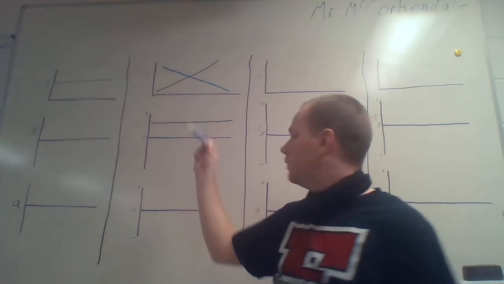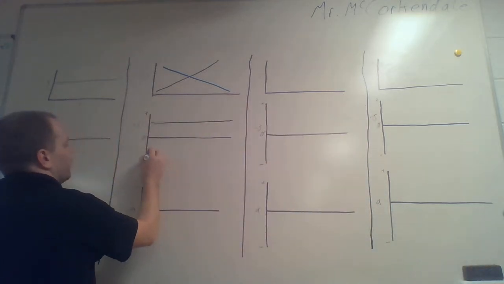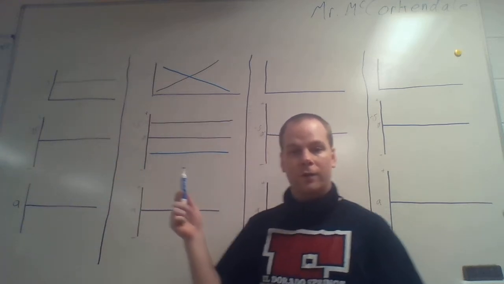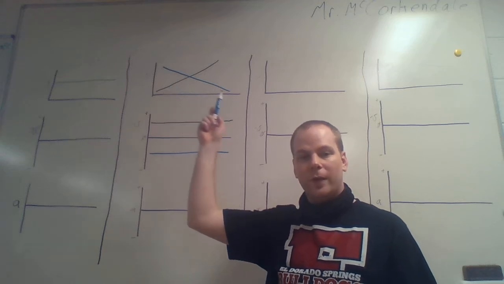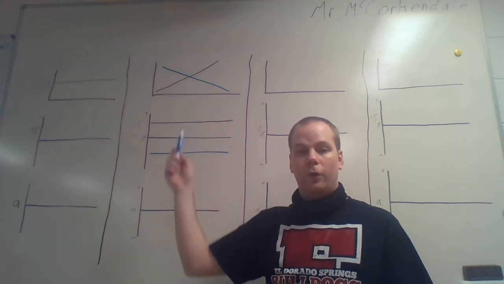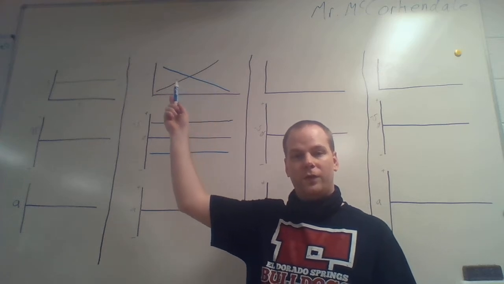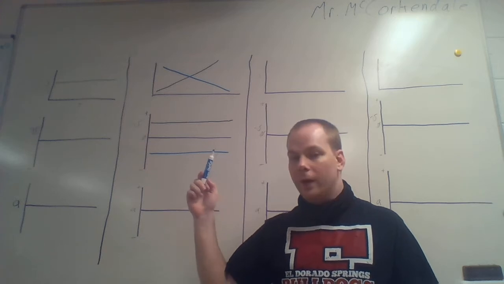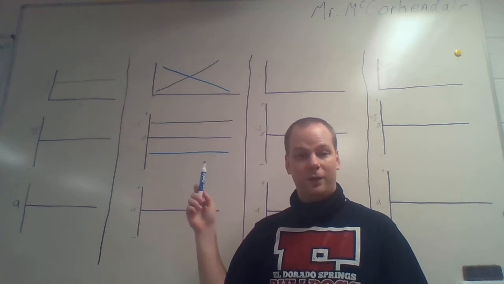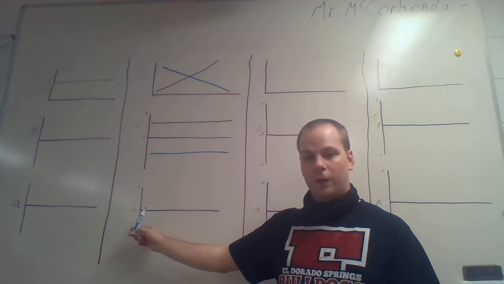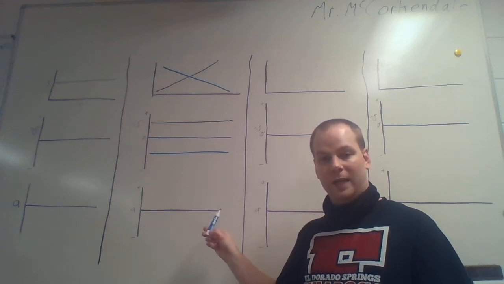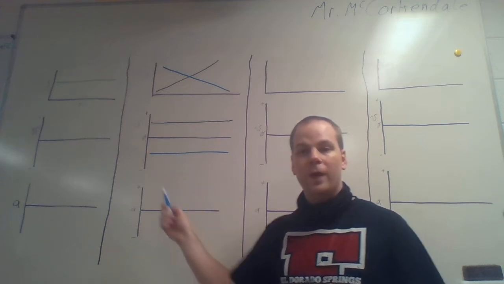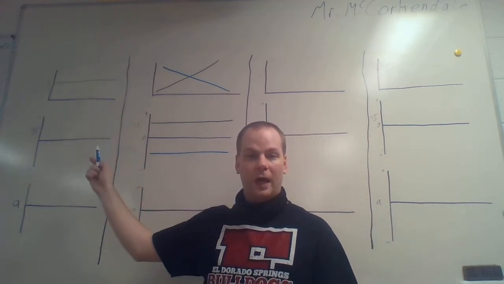Since this has a negative slope, it would be below zero to indicate motion toward the detector. It's still a straight line, though. So since this up here is a straight line, this is going to be a horizontal line. Now, since this is a horizontal line, we have the same thing again. The acceleration graph is going to be a horizontal line at zero, because if the velocity is constant, the acceleration is zero. If the position is constant, the velocity is zero.